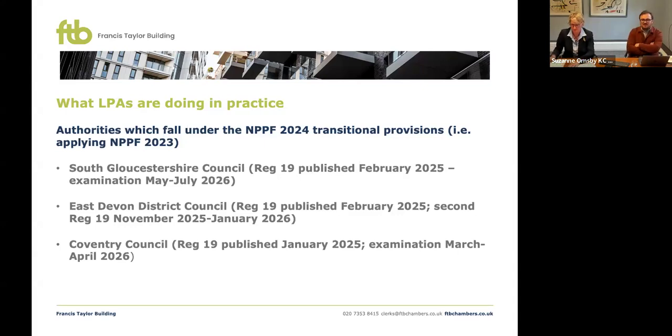Well, as far as we're aware, there are definitely 3 plans proceeding under that third bullet point, who are taking advantage of the transitional provisions in the 2025 MPPF so that they can apply both the MPPF and the related planning practice guidance, including the assessment of housing need, very importantly, as it stood in December 2024.